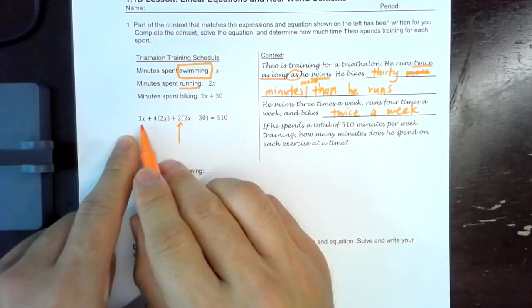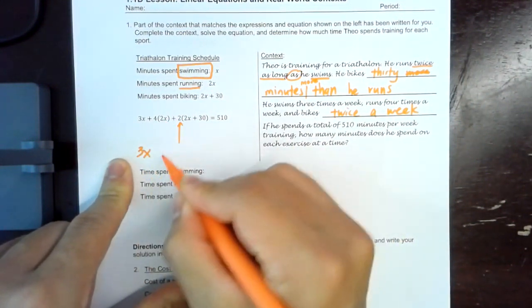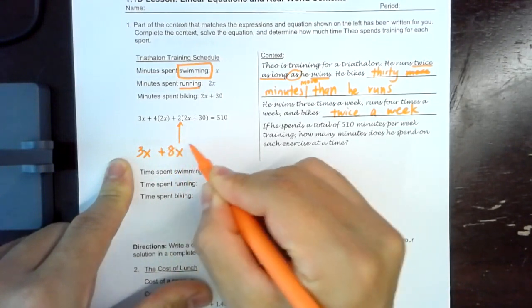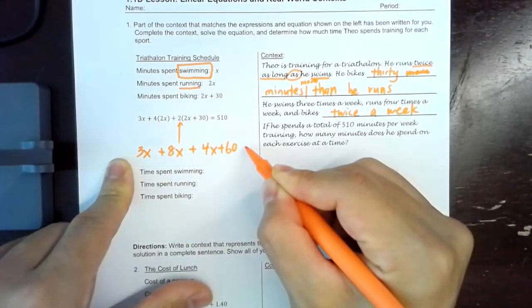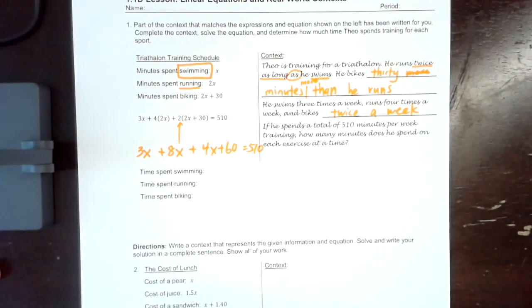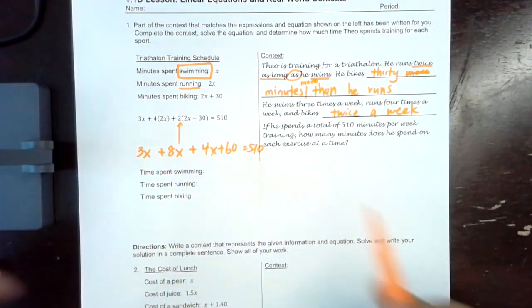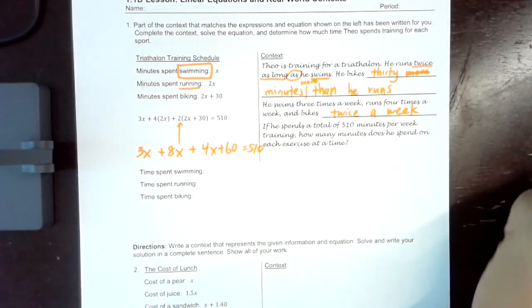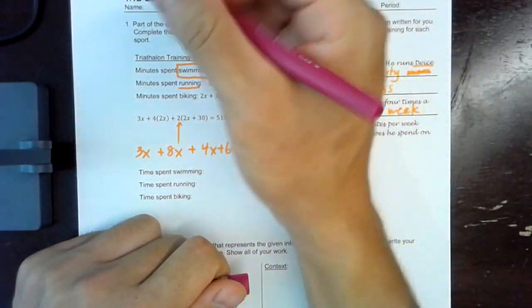So I'm just going to take this information here and simplify it a little bit. We get 3x plus 8x plus 4x plus 60 is going to equal 510. Let's also add a little bit more description here, right?